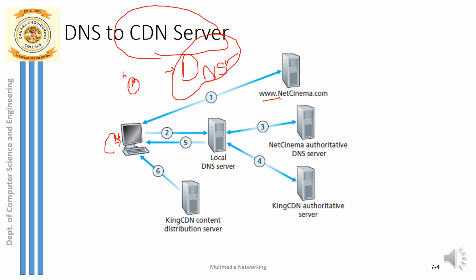You can see that the link the user has clicked will have a word, usually video, in it. So the local DNS server checks that host name, and it is redirected to the netcinema authoritative DNS server.